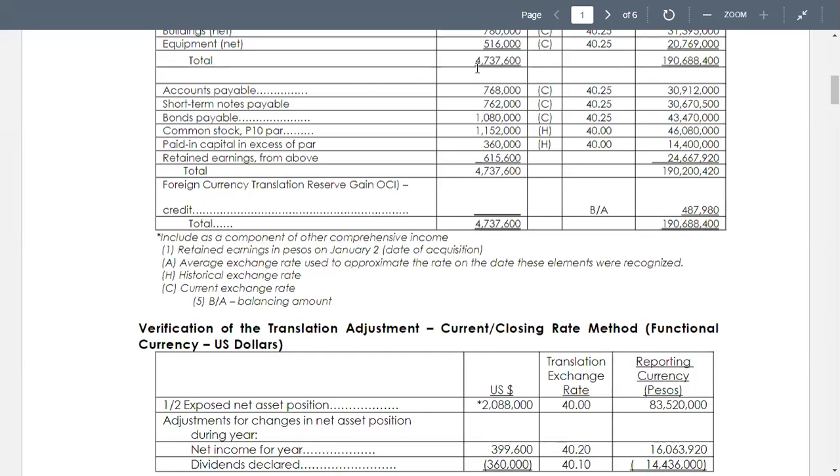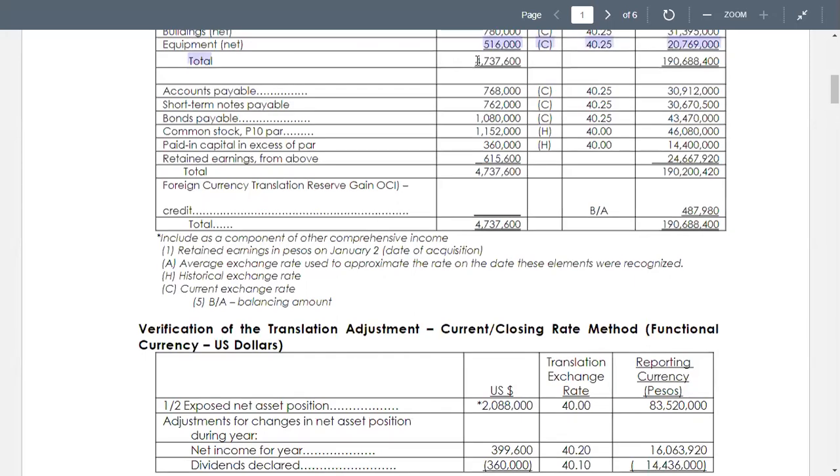These are asset and liability items. Buildings, 0.16 C. I am now trying to begin with assets and liabilities with the guideline that for the current rate, assets and liabilities should be stated at the current rate or the closing rate, what we call the spot rate.